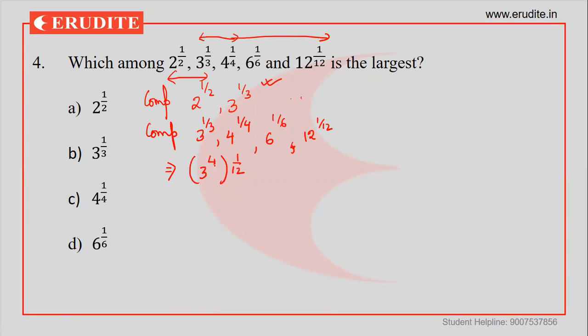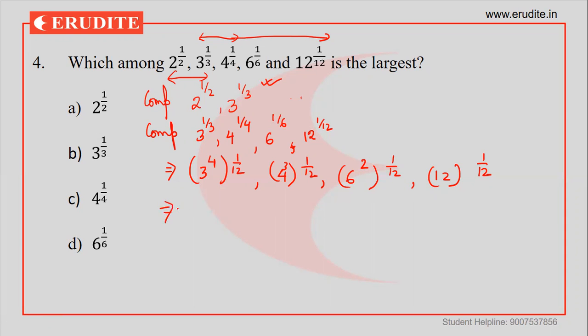If I have taken 4, 3 to the power 4 and 1 by 12, so finally it would be 3 to the power 1/3. Same thing, 4 to the power 3 with 1 by 12 also. Next one, 6 to the power 1 by 6 with 1 by 12 written, so the power should be 2, and 12 to the power 1 by 12, where the power in this case is 1, it remains 12.